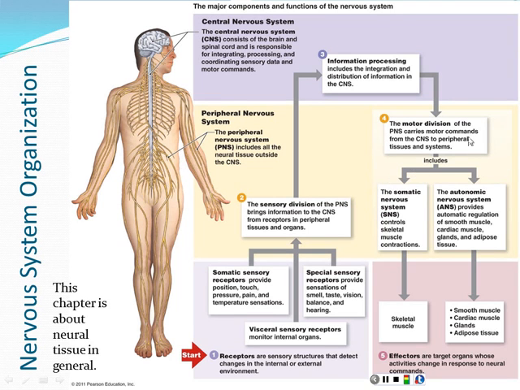Now, the words we often use to describe that are afferent and efferent. So afferent is going in, and efferent is going out. So one way to remember the difference, efferents make effects.